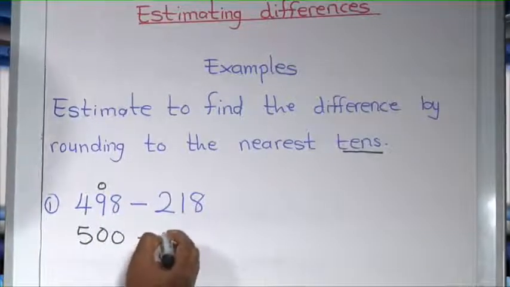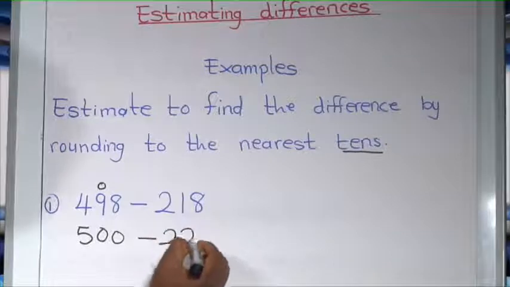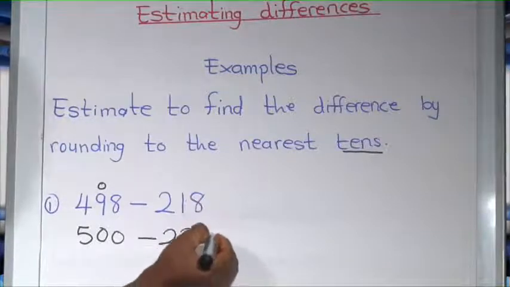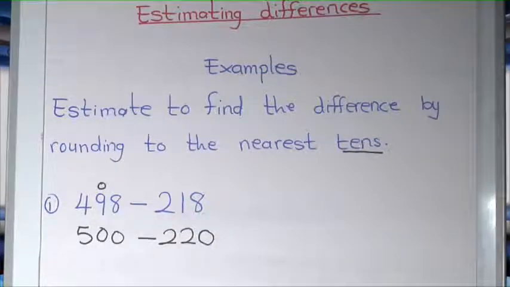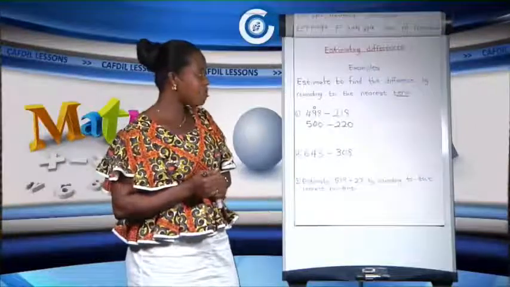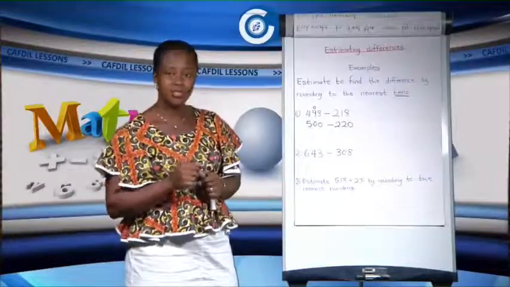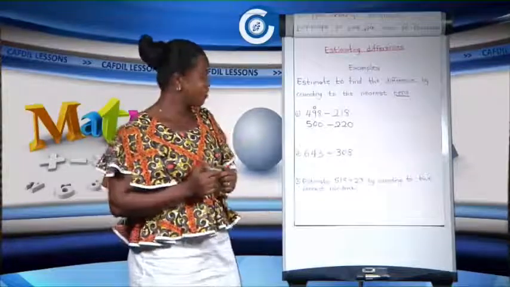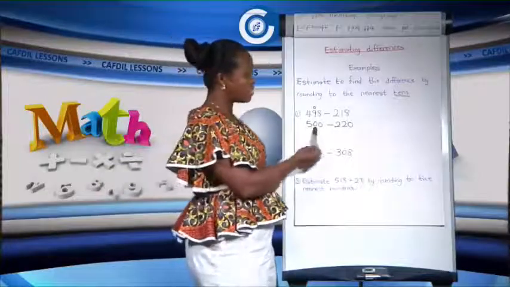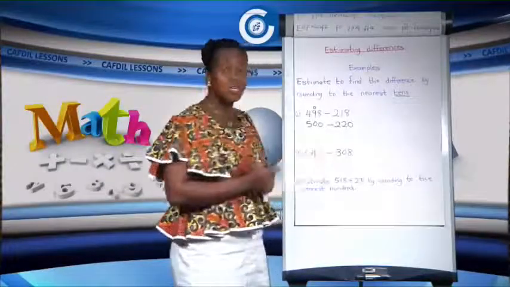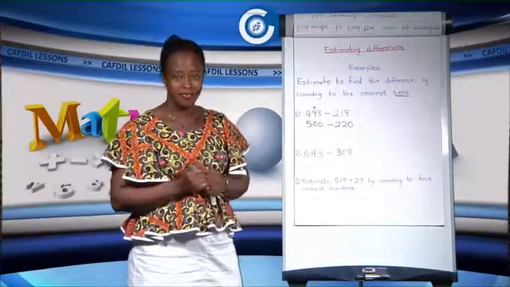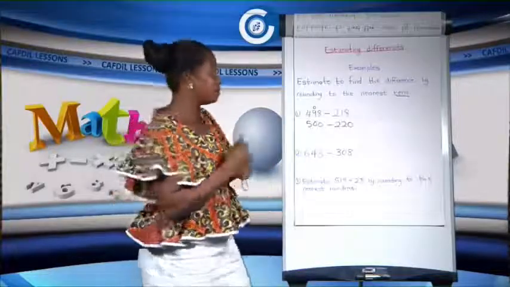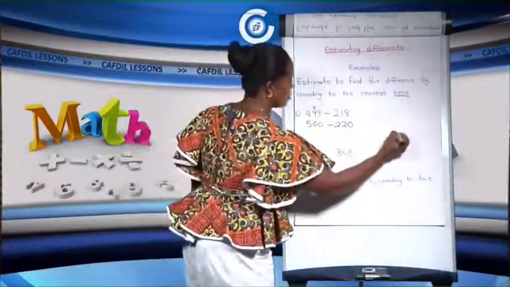So we will have 2, 2, and make this one 0. So to the nearest 10, we're going to have 220. Now we can do our subtraction. Can't we? Good. So 500 minus 220. If you don't want any problem, just arrange it this way.